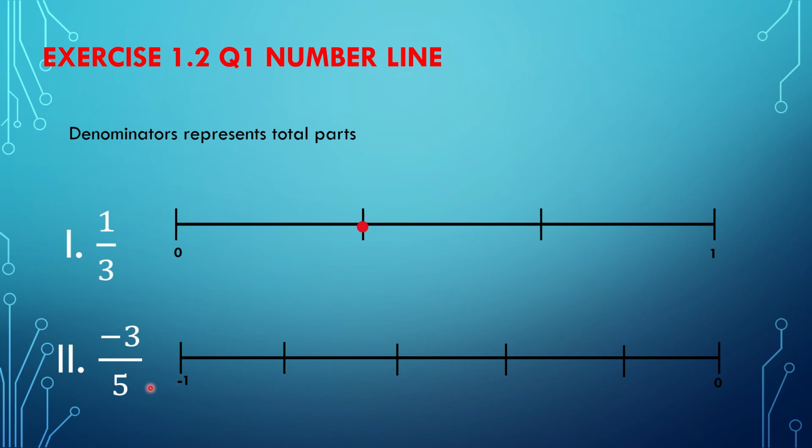And we have 5 equal parts over here. As we have divided into 5 equal parts, and we have to represent minus 3 on this number line, and here we have minus 3, we can represent this minus 3 with the help of a dot or by an arrow.